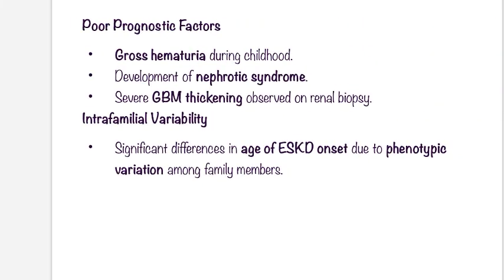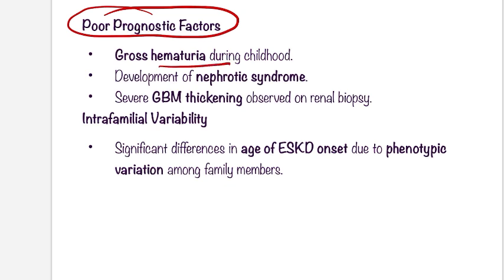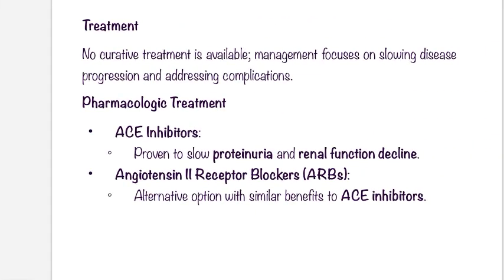What are the poor prognostic factors? Gross hematuria during childhood, development of nephrotic syndrome, and severe GBM thickening observed on renal biopsy. Intrafamilial variability is also there.